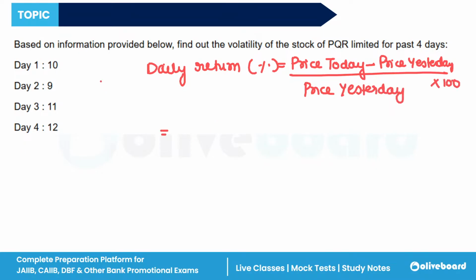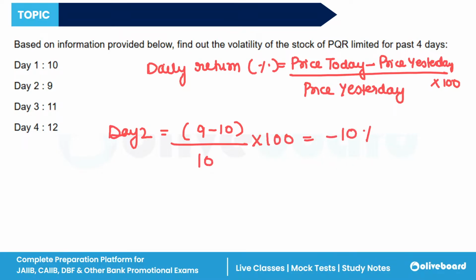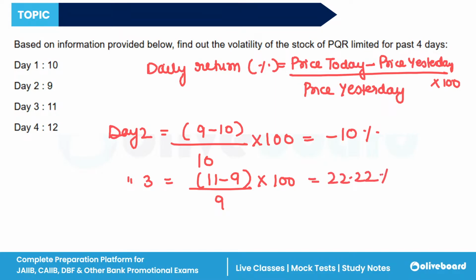For day 1 we can't calculate because the price of yesterday is not given, so we have to start with day 2. Day 2, 9 minus 10 divided by 10 multiplied by 100, which is equal to minus 10%. For day 3, it is 11 minus 9 divided by 9 multiplied by 100, which is equal to 22.22%.